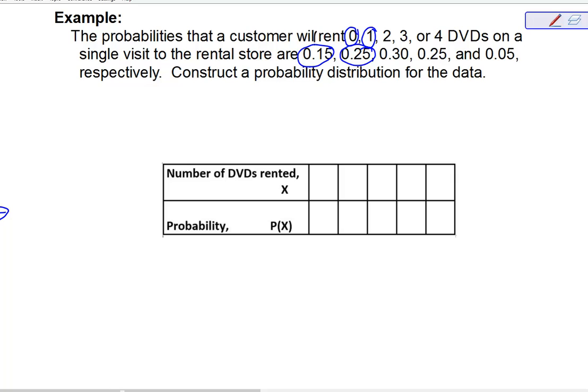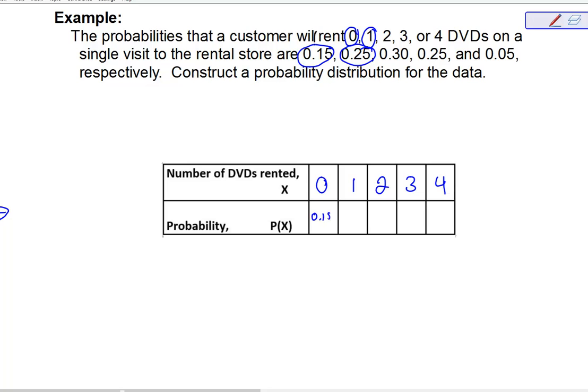We want to construct a probability distribution for the data. Now I've already started the table down here. The number of DVDs rented, that's going to be our x value. It's a discrete number. And then we have the probability, our p of x, here. And so what I'm going to do is fill in this table with my possible number of DVDs rented, which is 0, 1, 2, 3, and 4. And then I'll fill in each of their probabilities.